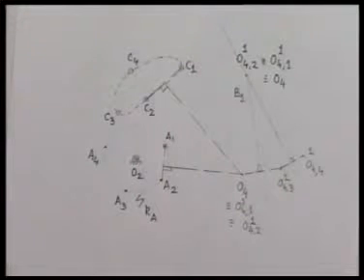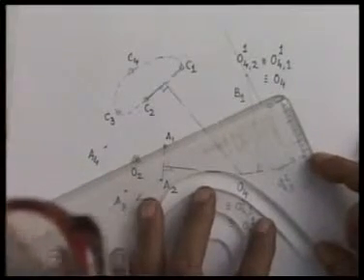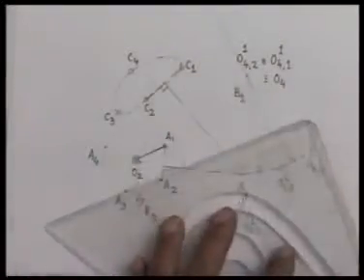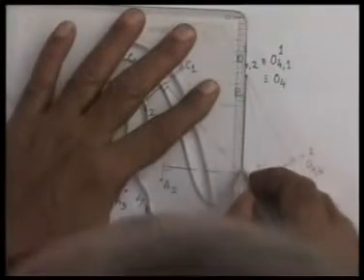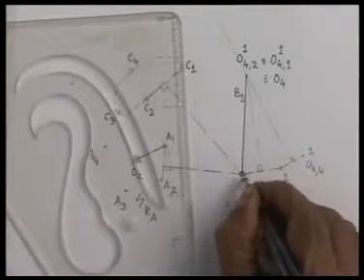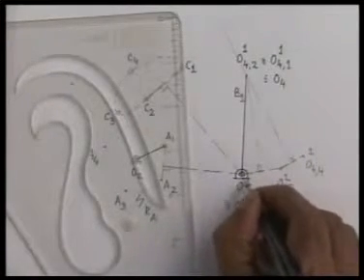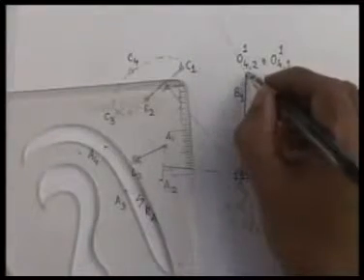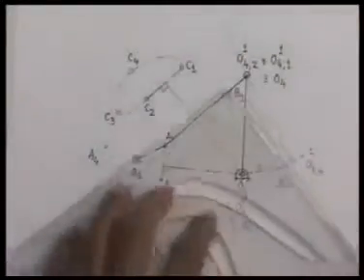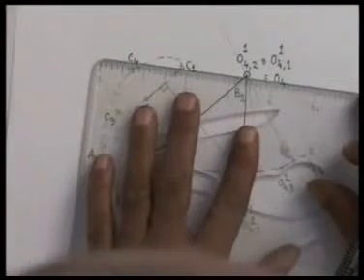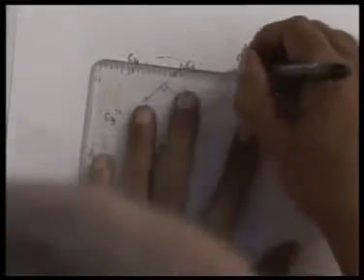So at this stage we have reached up to the design of the 4-bar linkage, namely O2A1, O4B1, A1B1, and A1B1C1 is the coupler at the first configuration, that is C1 is the coupler point.